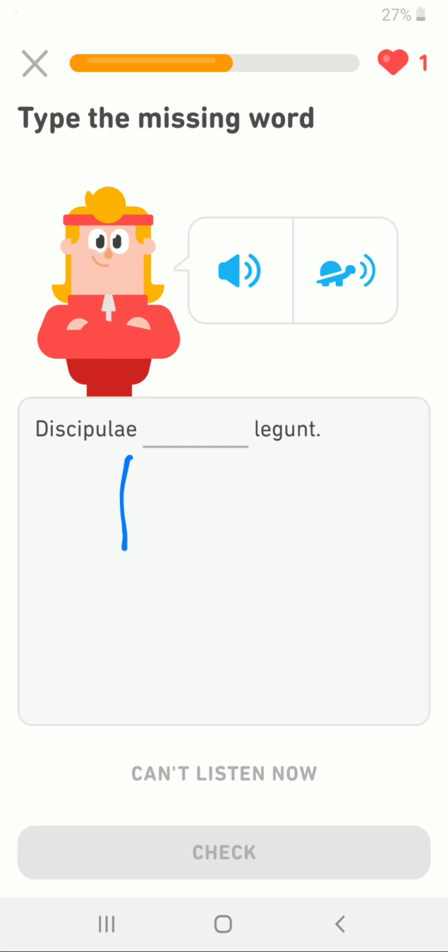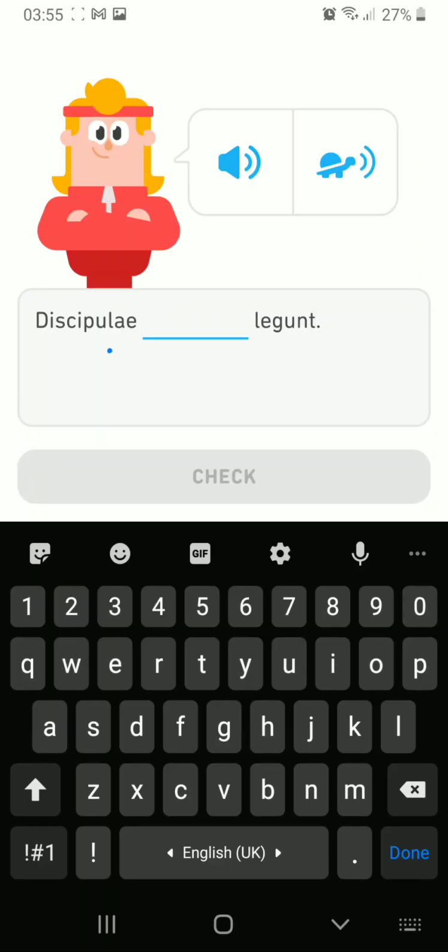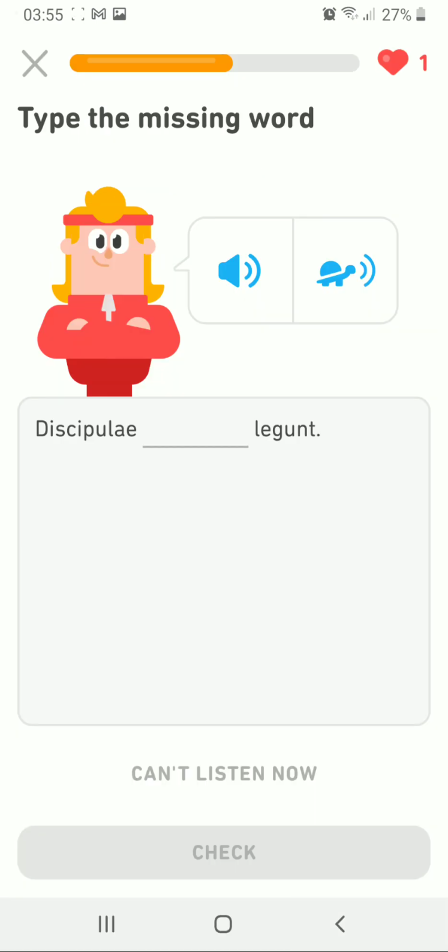Okay, here we have discipulae, which is feminine plural. So we can tell this by looking at the ending here, and of course the verb, confirming that it's in plural, basically.